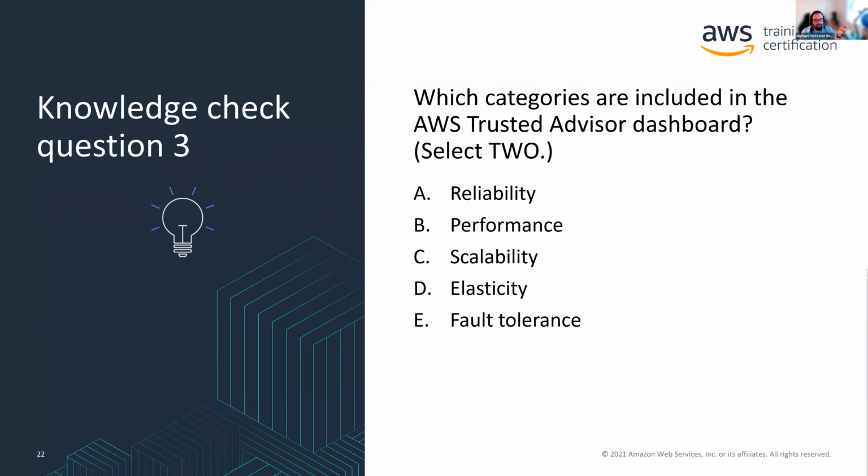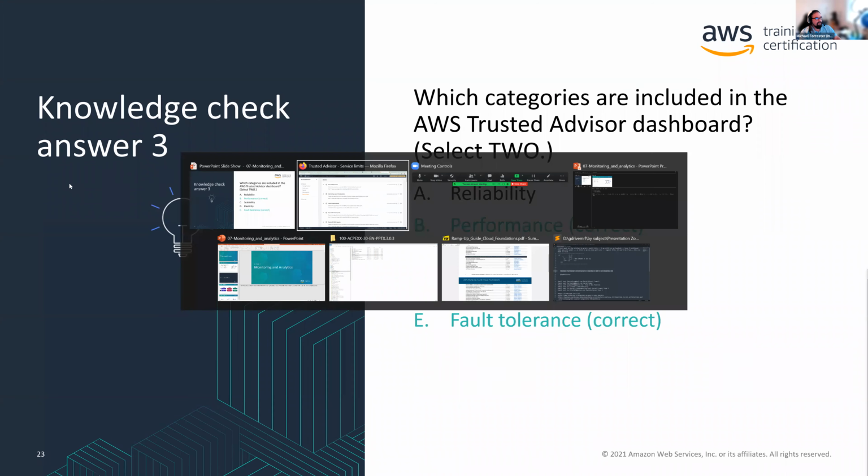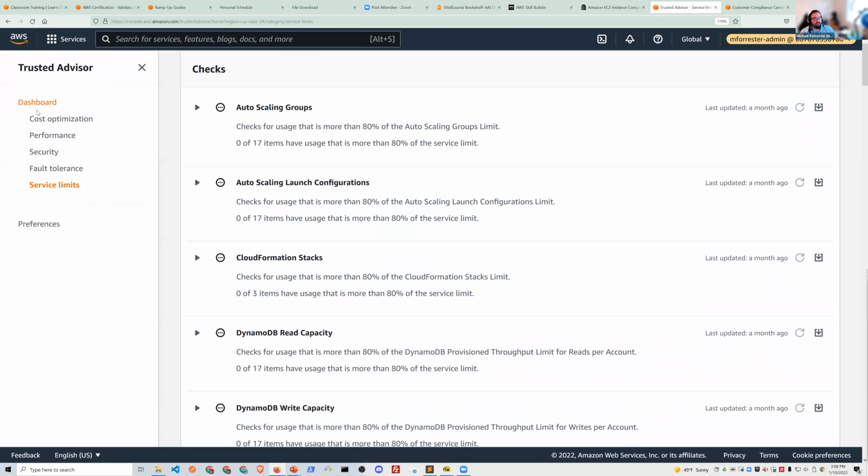Performance was one of them. And the other one was like a variation. It's not really the same, but reliability was basically fault tolerance, right? So to see those again: cost optimization, performance, security, service limits, and then fault tolerance.